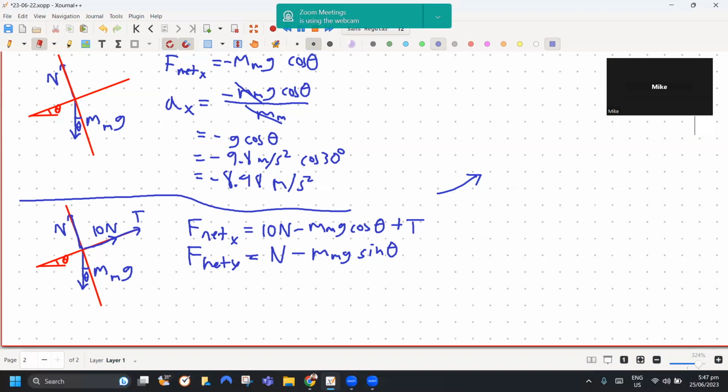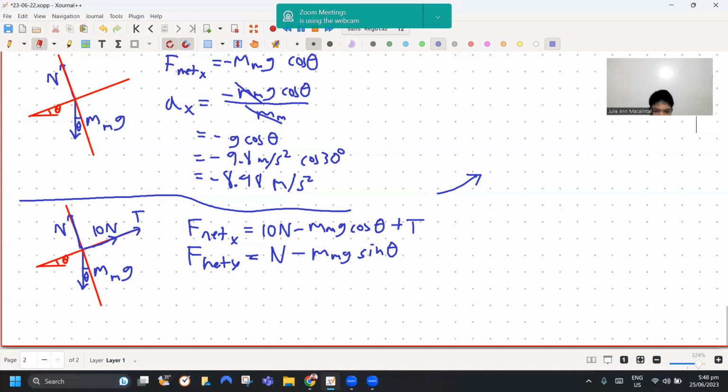Okay, ganito. Assuming 10 newtons yung force, tapos 72 kapag wala yan. What can you say about the acceleration along x? Will the object accelerate along x?